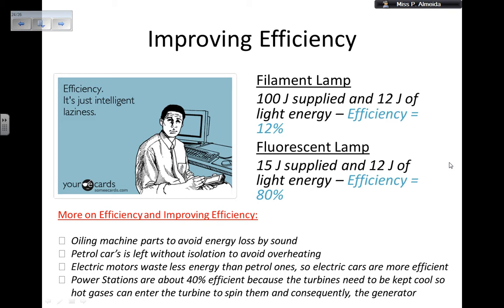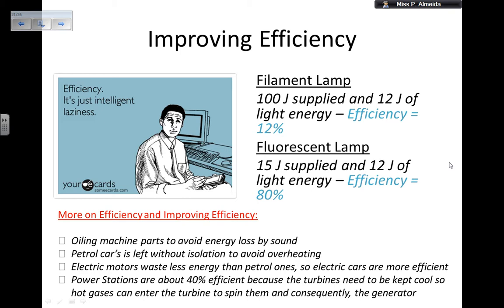Other ways that you can improve efficiency: I can oil machine parts to avoid energy being lost as sound. Many times energy is wasted as sound or heat. A petrol car can be insulated to avoid overheating as well, because again, energy is wasted as heat. Electric motors waste less energy than petrol ones, so electric cars are more efficient.